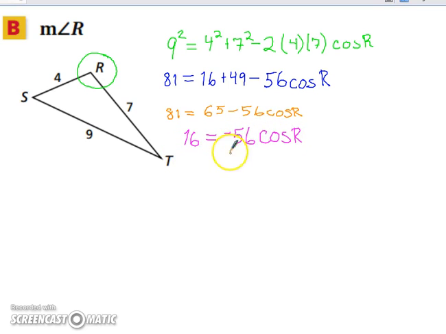So 16 divided by negative 56 gives us negative 0.29, which is going to be what our cosine of R is.